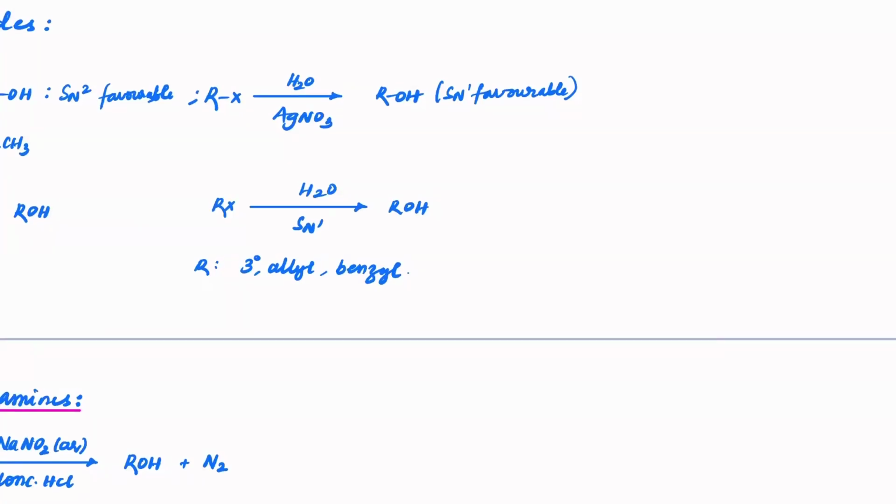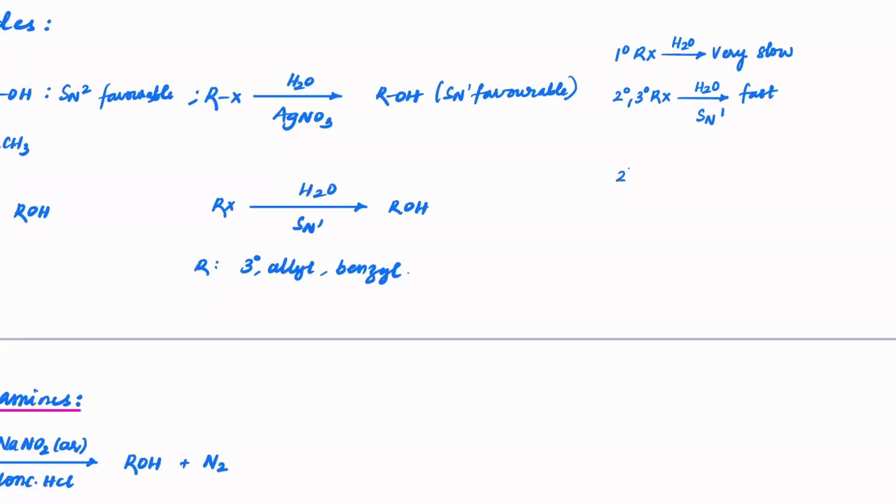So 1 degree alkyl halides with H2O is a very slow process, okay, and 2 degree, 3 degree alkyl halides with water, correct, this will be fast and the reaction happens via SN1 mechanism.